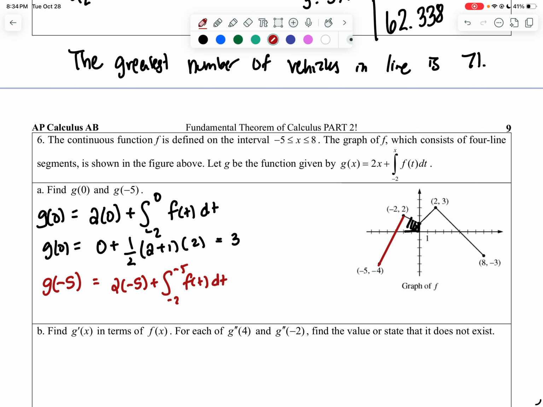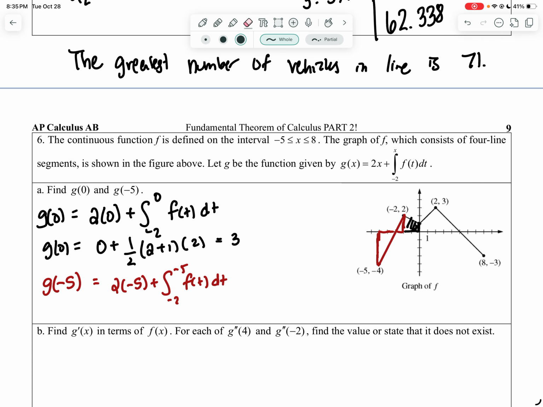And then we'll see where that takes us. So we want to see the difference here. Not fun.